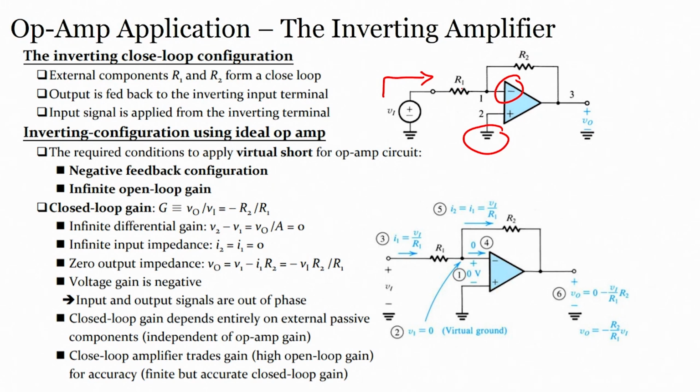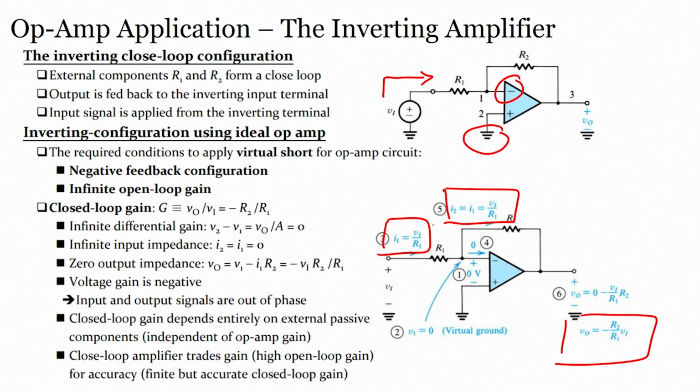To understand the equation of the output voltage, if you apply voltage at the inverting terminal, the current I1 would be V1 by R1. Here I2 equals I1, which is V1 by R1, since the difference is 0.